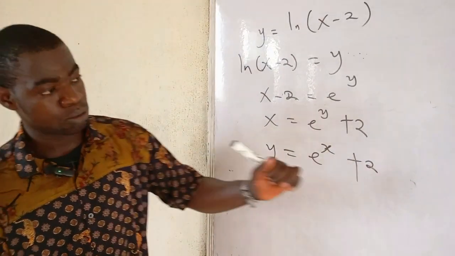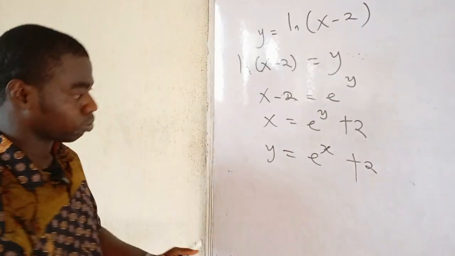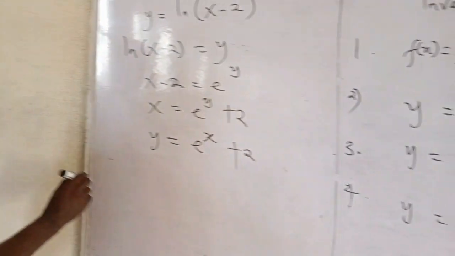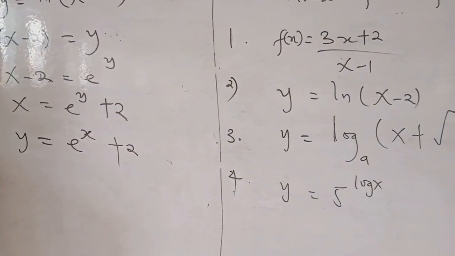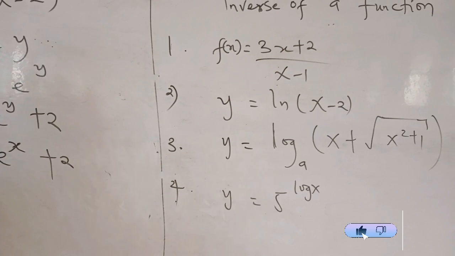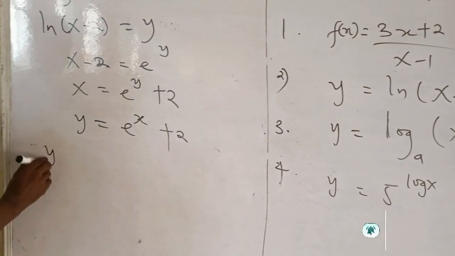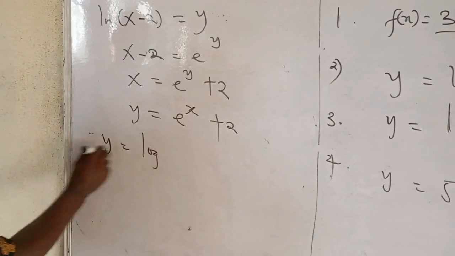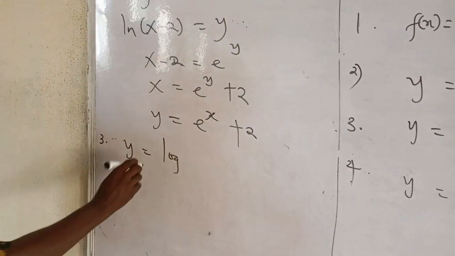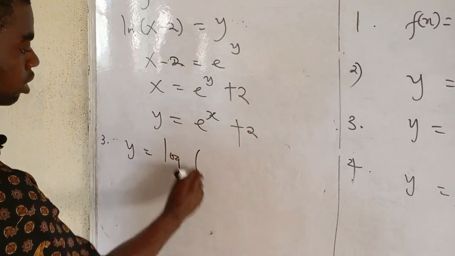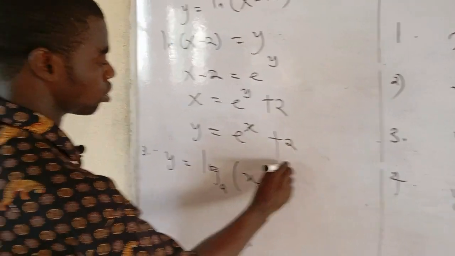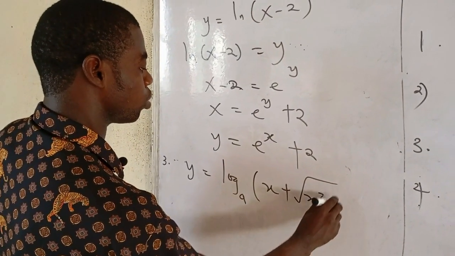Okay, so we'll be attempting question number 3. I'll write it this way. So it will be, okay, y equals log base a of x plus the square root of x squared plus 1.